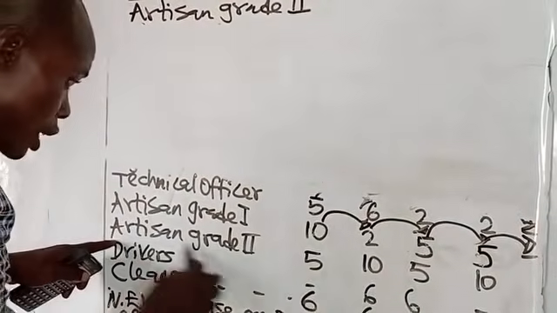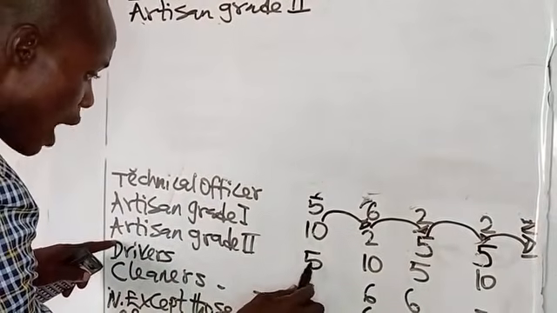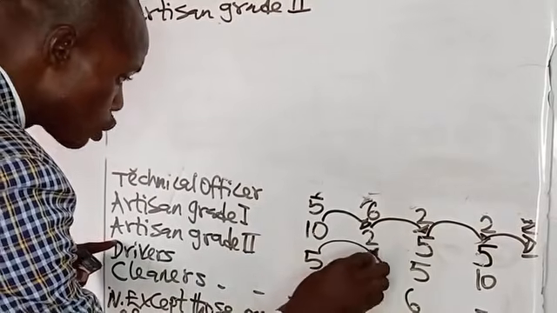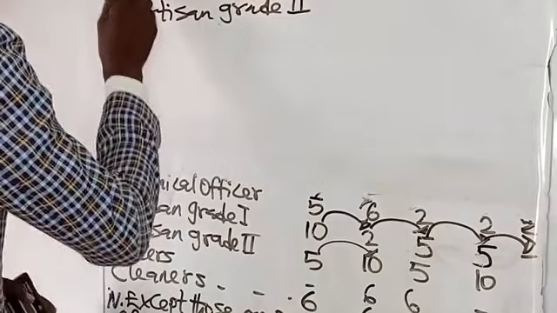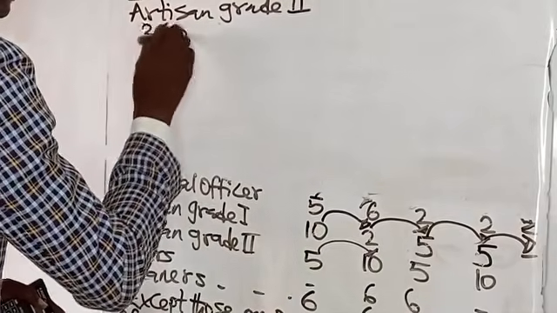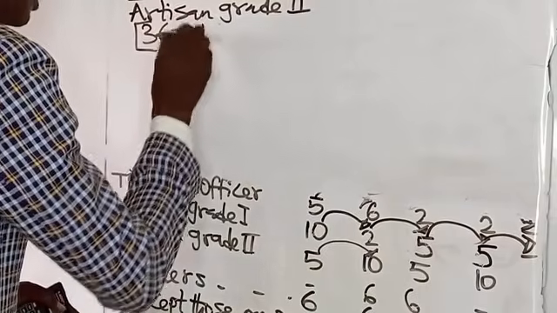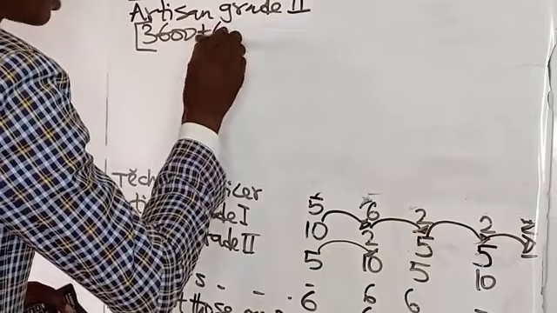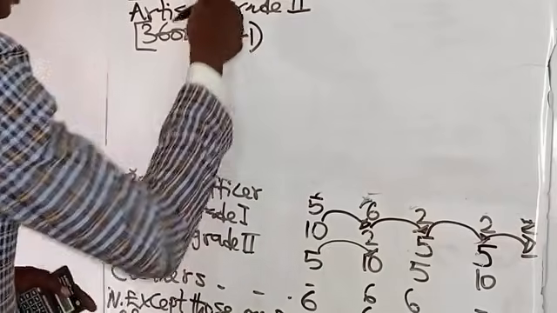Artisan grade 2. 5 were in step 1 before, and they will now move to step 2. So we have the basic pay is 3,600 plus step 2 now, minus 1, increment of 210.